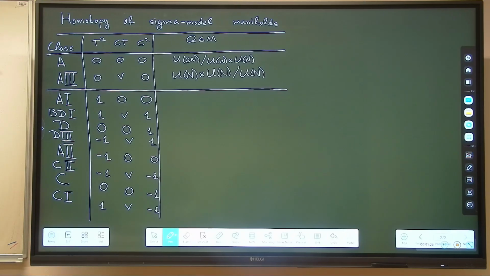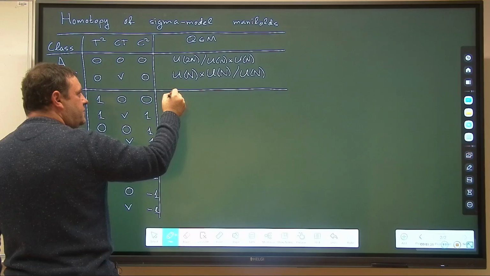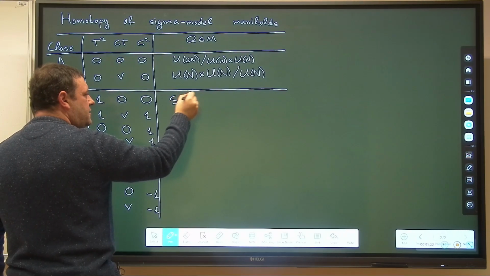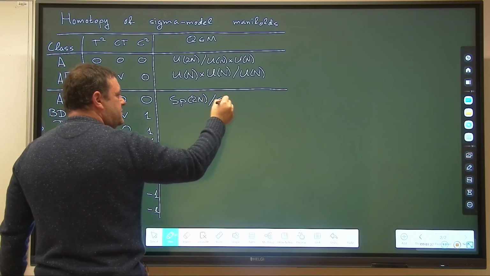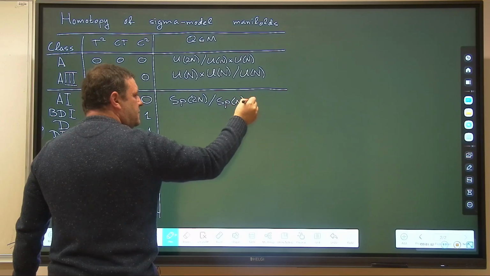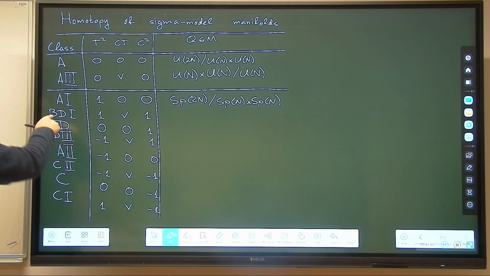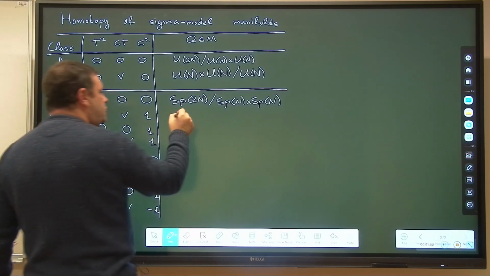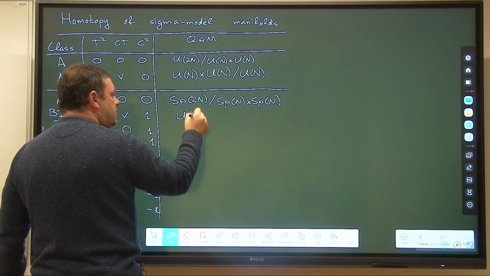So now the spaces, the manifolds. For symplectic class, I remember it by heart. It's Sp(2n), let's make it 2n, by twice Sp(n). What about class BD1, chiral orthogonal? It's U over Sp, U(n) over Sp(n).